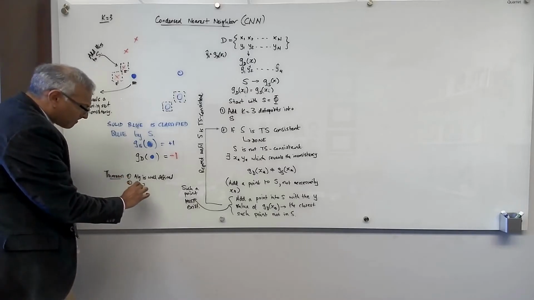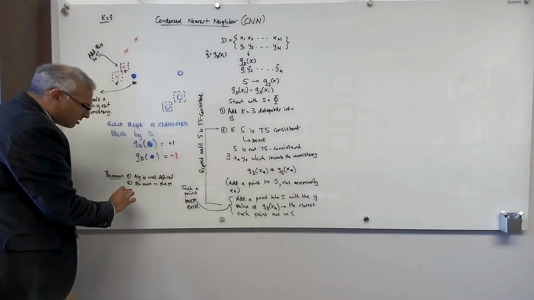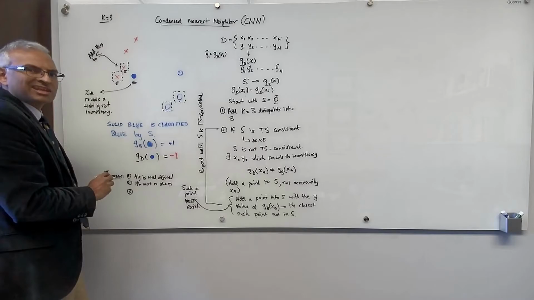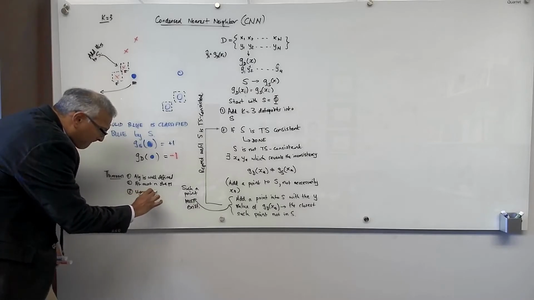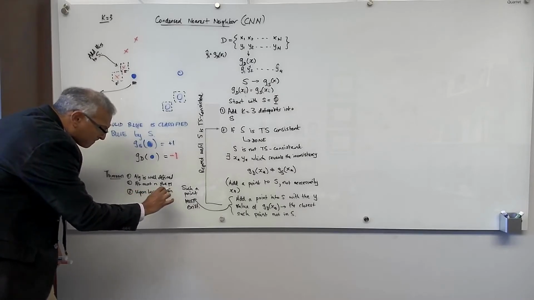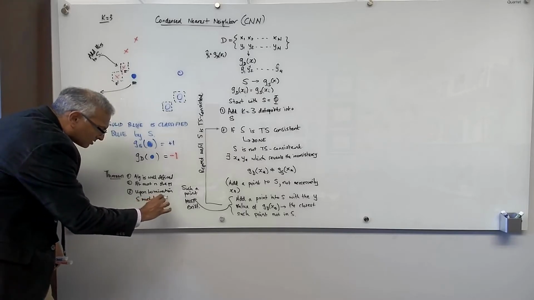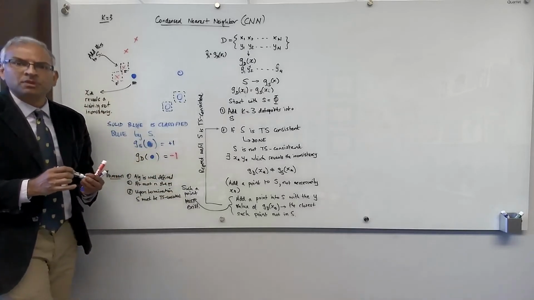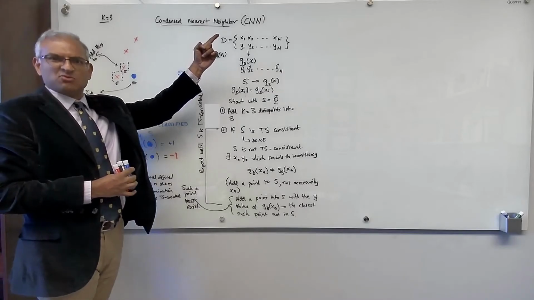Third, when it stops, the working set S is guaranteed to be training set consistent. So upon termination, S must be training set consistent. And that's the condensed nearest neighbor algorithm, CNN. Very newsworthy.